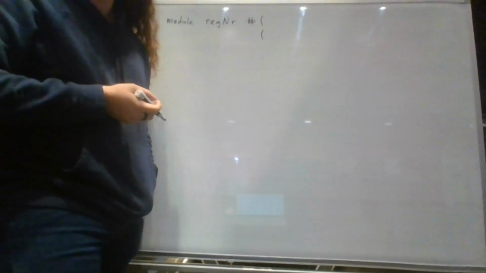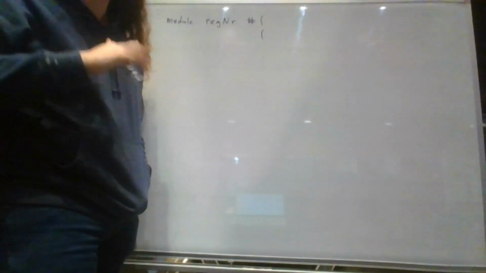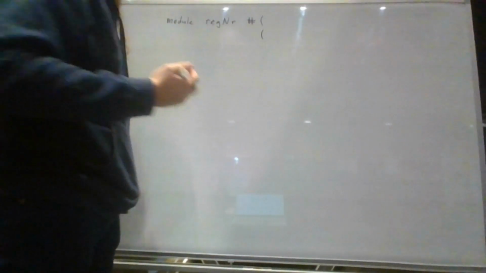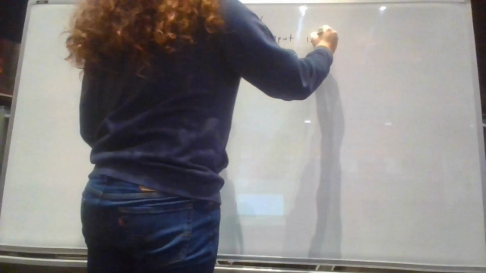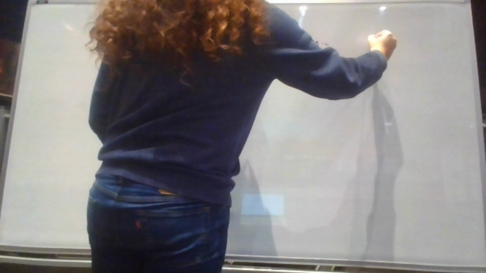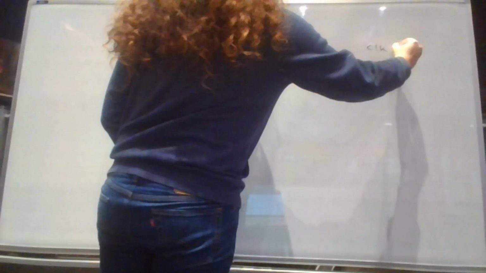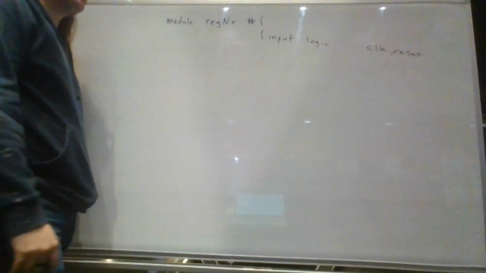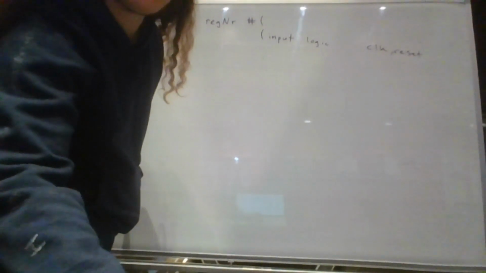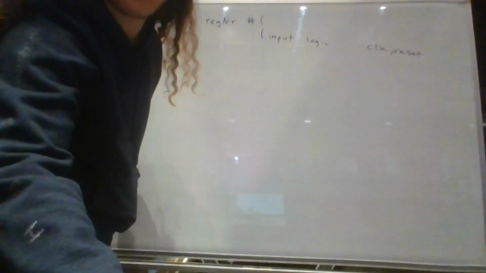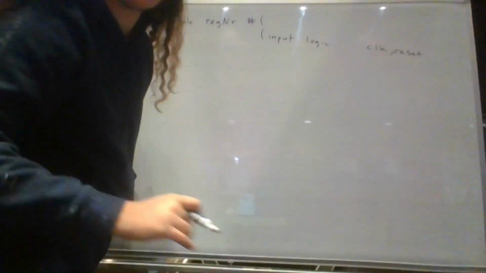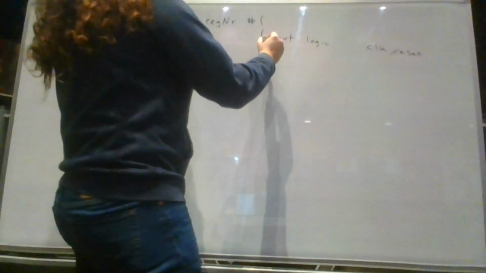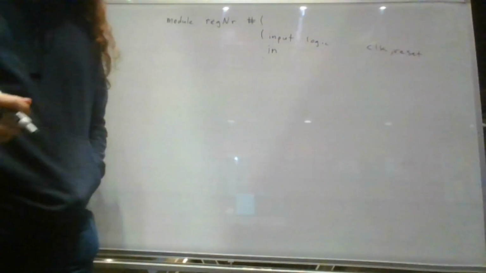We're told that clock, reset, and D are all inputs. The first thing I can write down is the input logic signals for clock and reset. Those are always 1-bit values, even if I parameterize this, so I don't have to worry about that. The next signal is my D input.